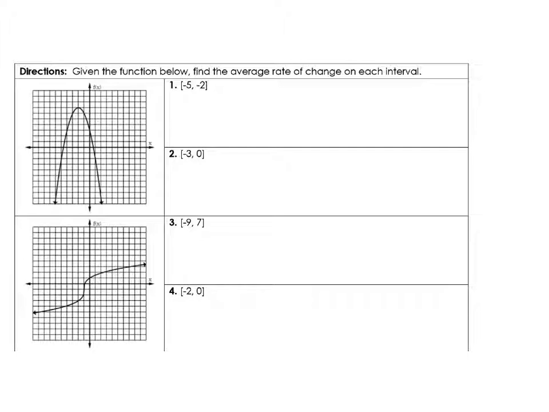Okay, for our homework questions, the first part we are given a graph and an interval, and we need to find our average rate of change over this interval. You do need to remember that these numbers here are x values, so you have -5 and something and -2 and something.